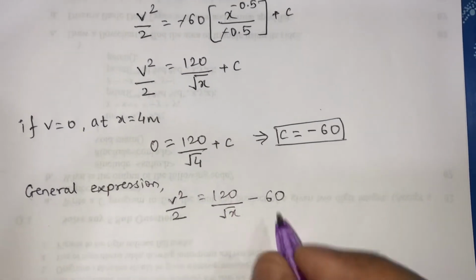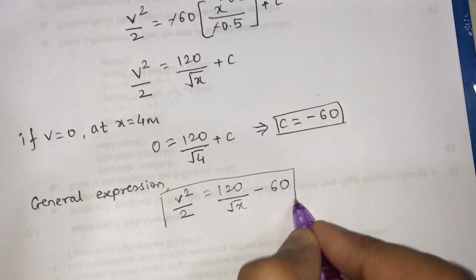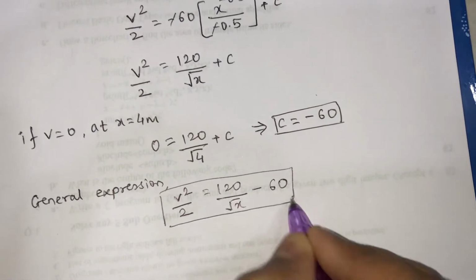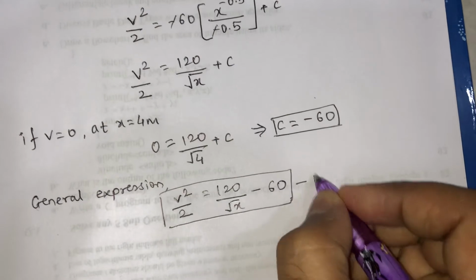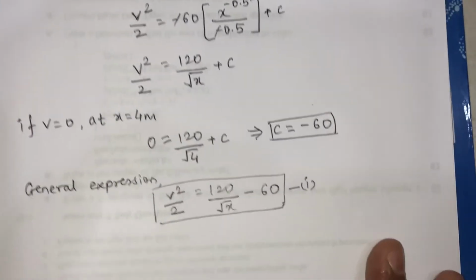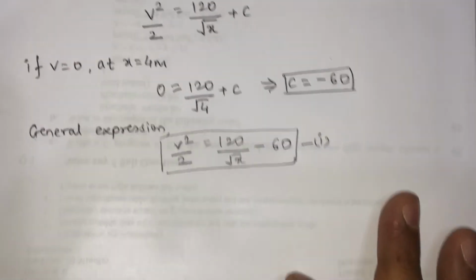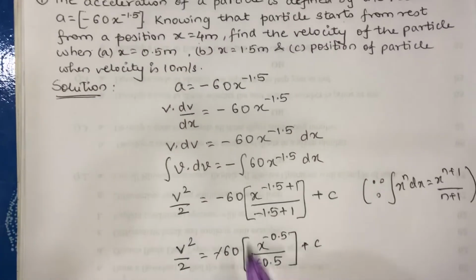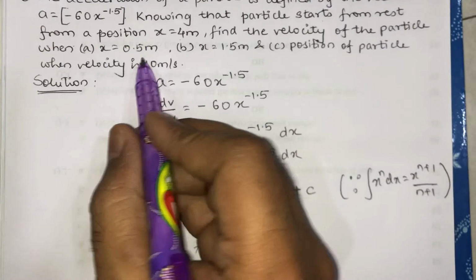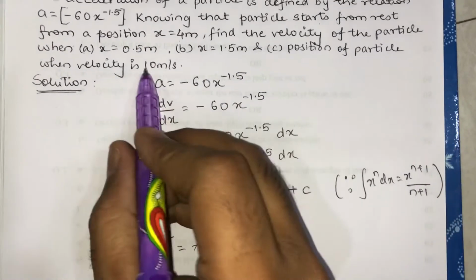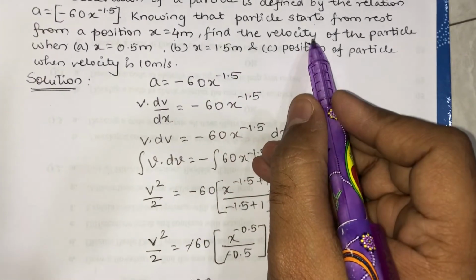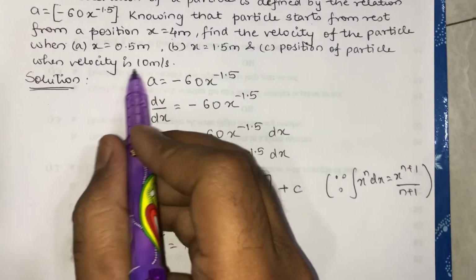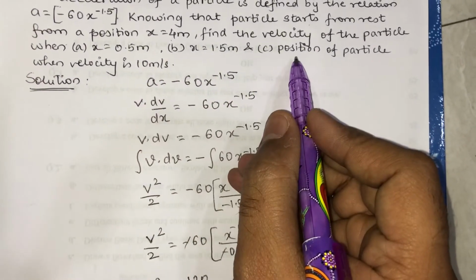This is the equation we are getting here. Let's take this equation as 1. Now we have to find all the conditions. When x equals 0.5, what is the velocity? When x equals 1.5, what is the velocity? And if the velocity is 10 meters per second, what is the position?